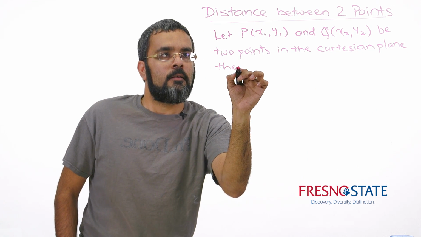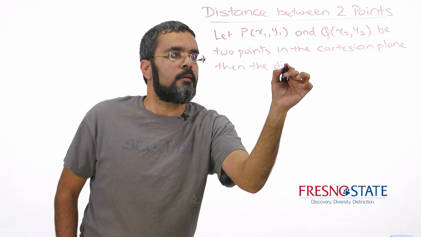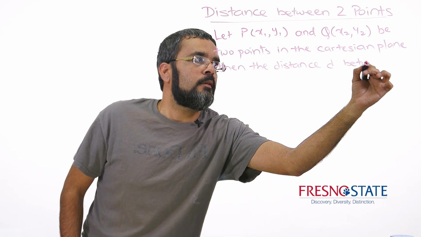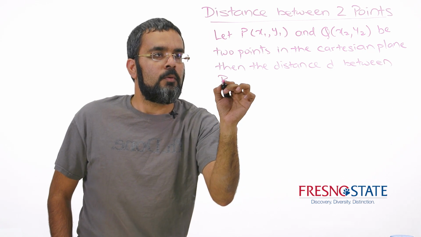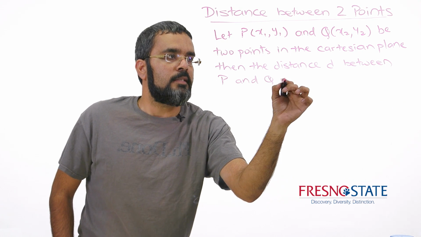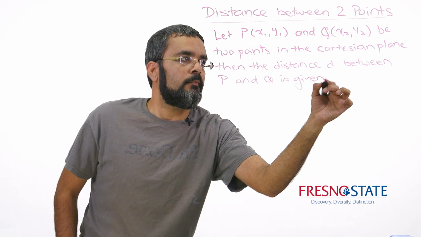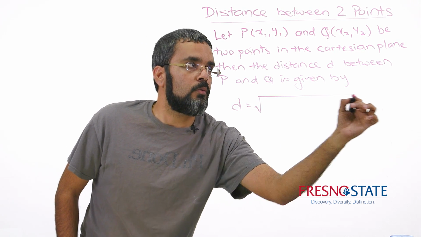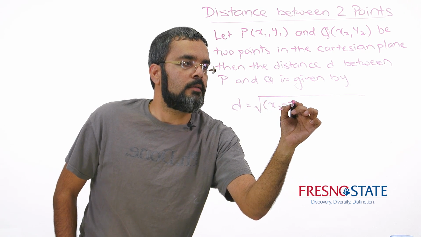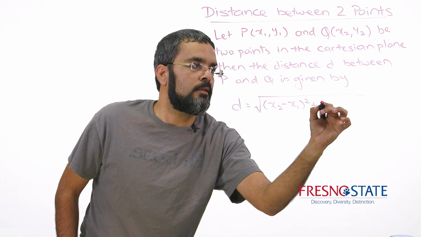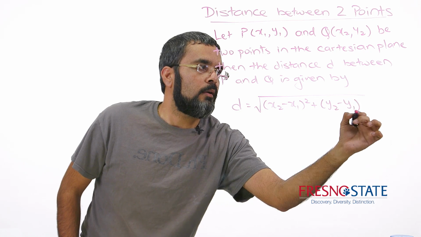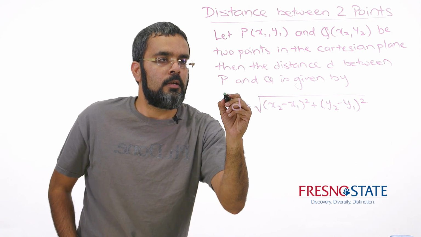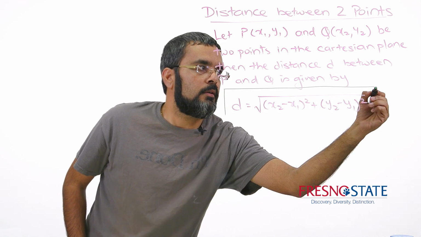Then the distance d between P and Q is given by d equals the square root of (x2 minus x1) squared plus (y2 minus y1) squared. So this here is your distance formula.